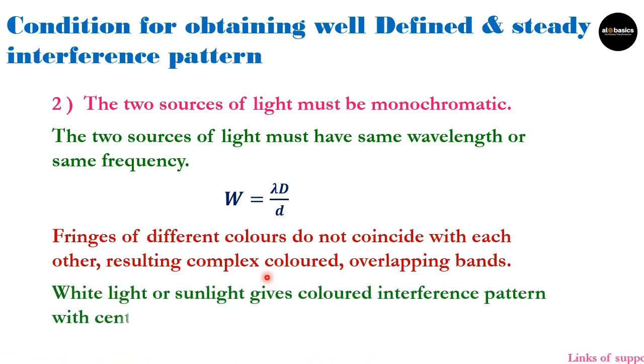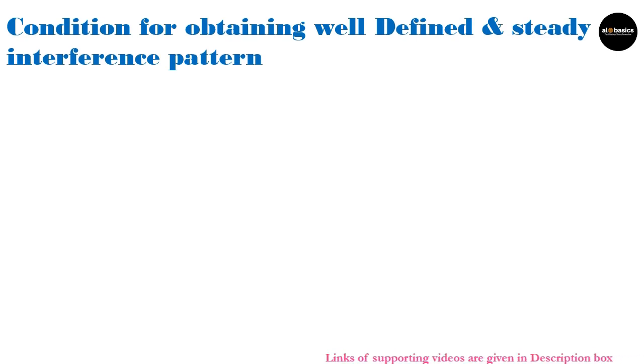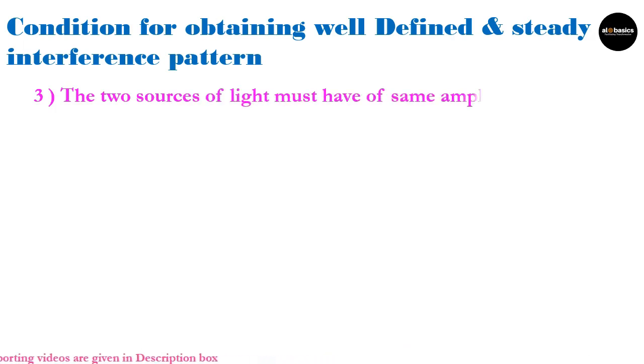And if we are using white light or sunlight, that will give us colored interference pattern with central bright band.